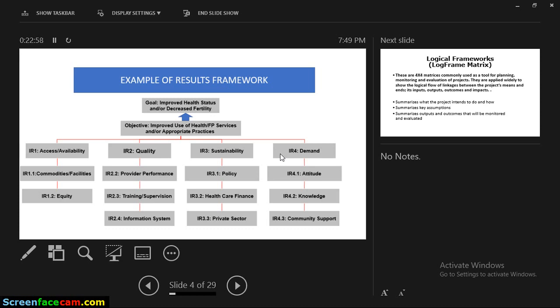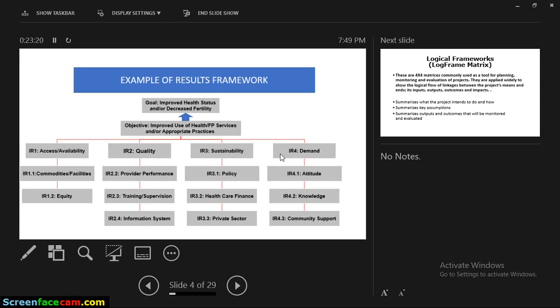They'll start accessing the service because the service is available. It's now very convenient for them to access the service. So that ends there. Access, or let's start with availability. The service is available and hence people are able to access that particular service.